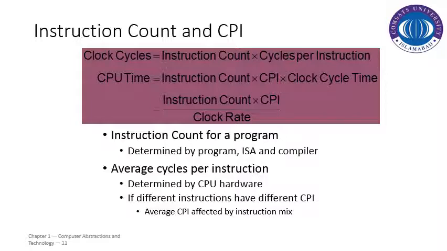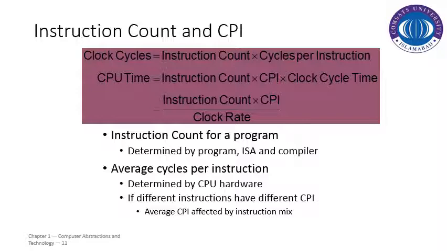Now, in this particular example, the CPU cycles were given. The relationship of the CPU cycles of the two systems was given. But if we have to compute the CPU cycles, then we have to see the factors that affect our CPU cycles. The CPU cycles are affected by two factors involved in the computation.